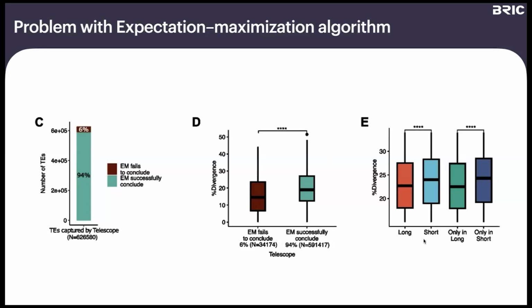Additionally, we compared the ability of long-read and short-read RNA sequencing to capture younger TEs. Our analysis confirmed that long read is indeed better at detecting younger TEs, likely due to its longer read lengths, which reduce the ambiguity associated with multi-mapping.